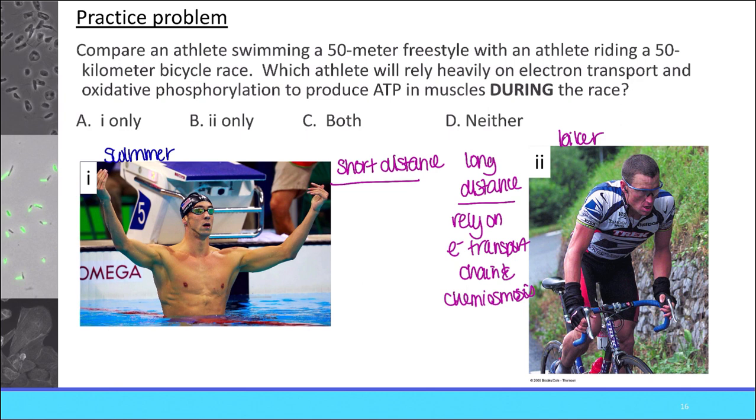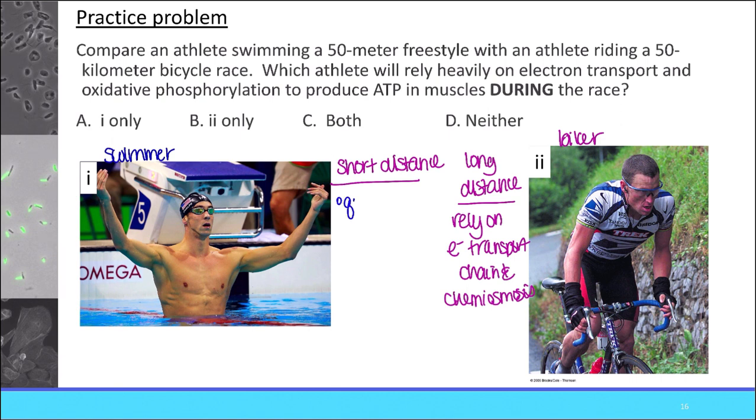He's going to require a lot of energy over a long period of time. And so the most efficient way of getting ATP is through aerobic respiration, through the electron transport chain and chemiosmosis.